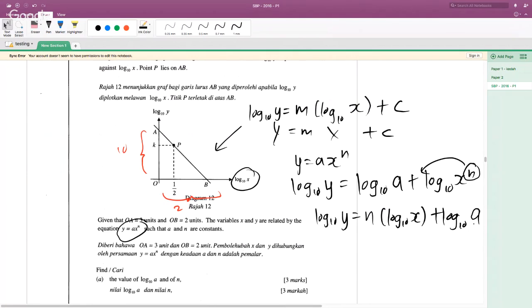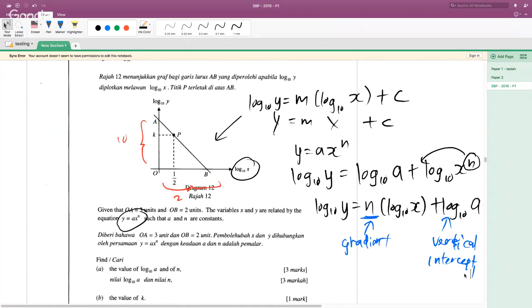So over here, at least we know something. Our gradient is n. And our vertical intercept is this one. Vertical intercept, okay, this is C. So what happened over here is, the question asks you to find the value of log 10a, so we will need to find a.